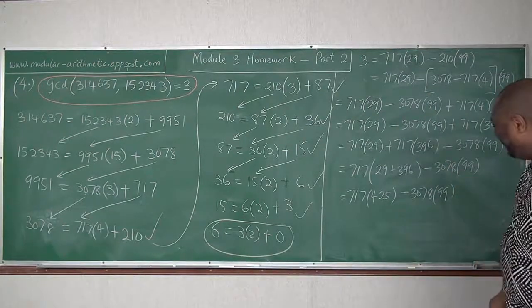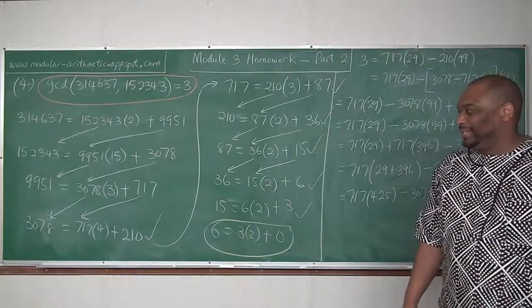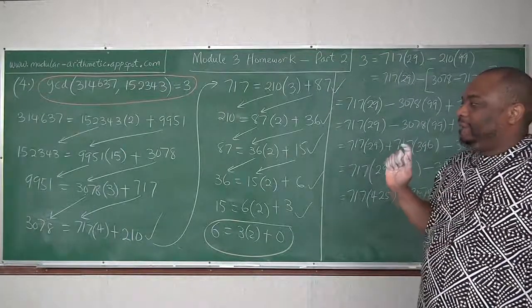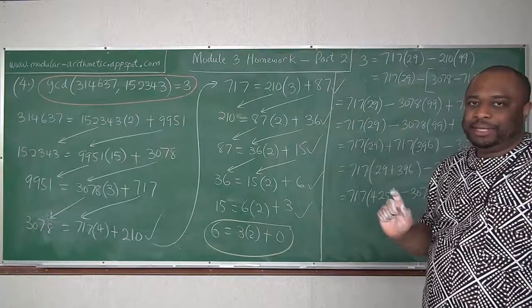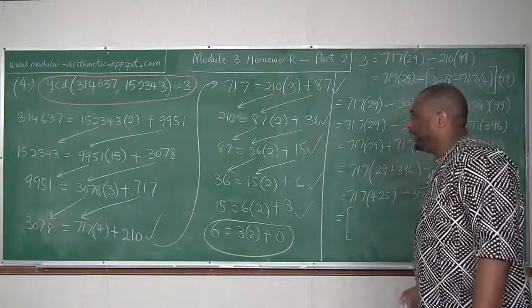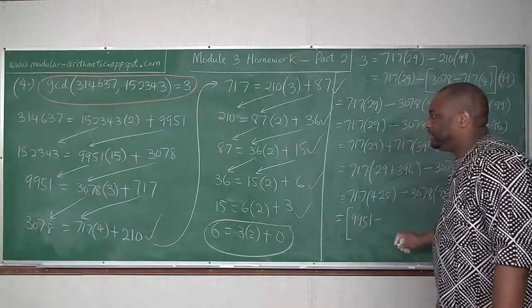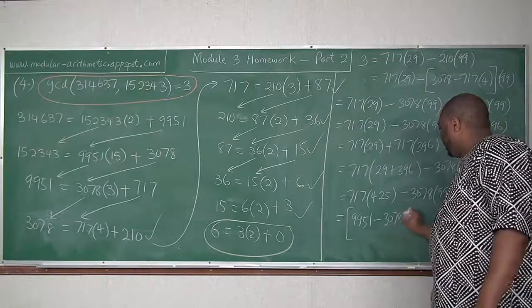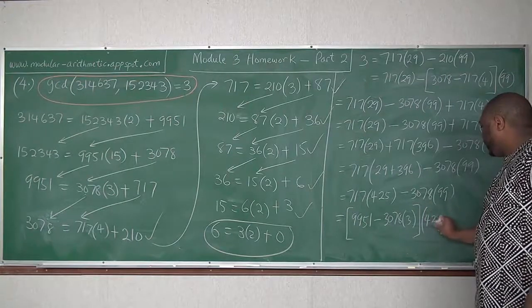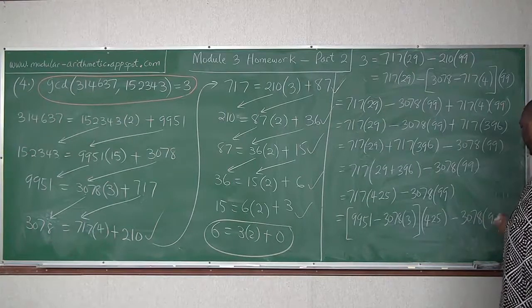Then the next one, I need to isolate 717. I need to solve for 717 because I got to see 9951 and 3078. So I put my bracket here: 9951 minus 3078 times 3, I close the bracket, times 425, minus 3078 times 99.